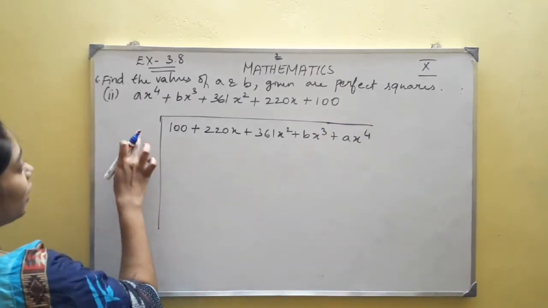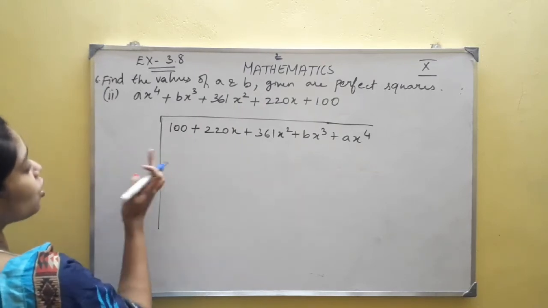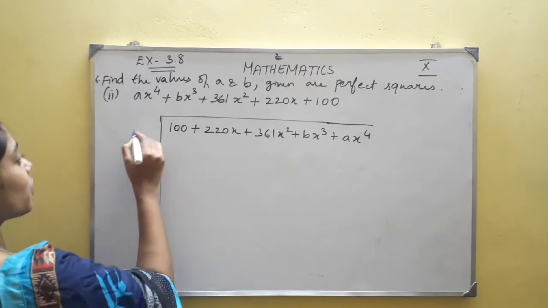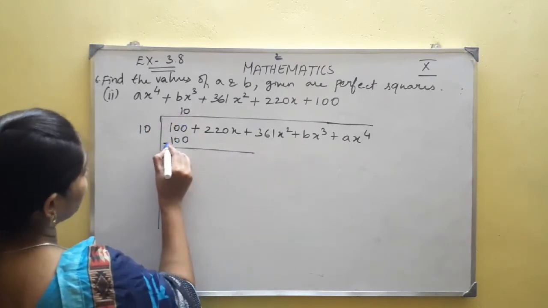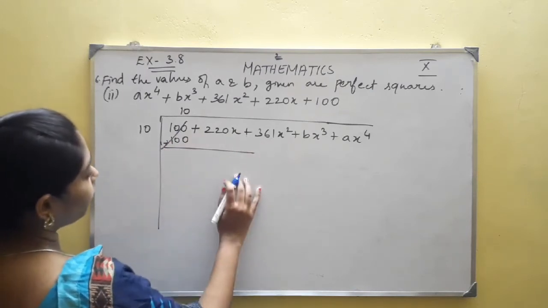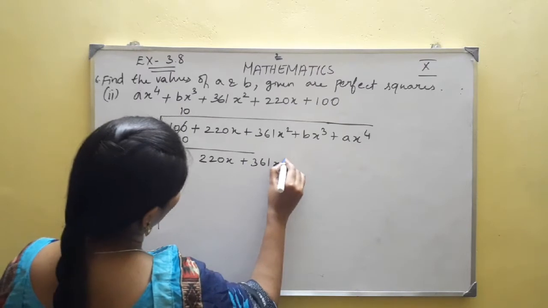What's supposed to be here so that it multiplied by itself gives me 100? 10 into 10 gives me 100. If I change the sign, it gets cancelled. I want to bring two terms to the next step, 361x square.